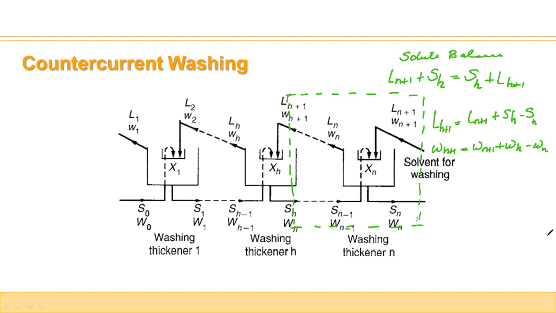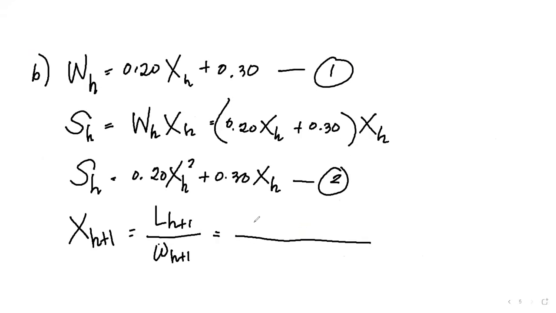So we go back to our solution and write this particular formula. So this one, the one that I have shown to you, should be written here. We'll have the L sub n plus 1 plus S sub H minus S sub n.